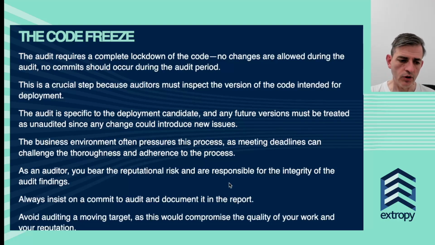So given that, what you will get when you start the audit is presumably a repo of the code, and then you will have a commit that you will be working from. And both these details should be in your report, so it is clear what the audit starting point is.